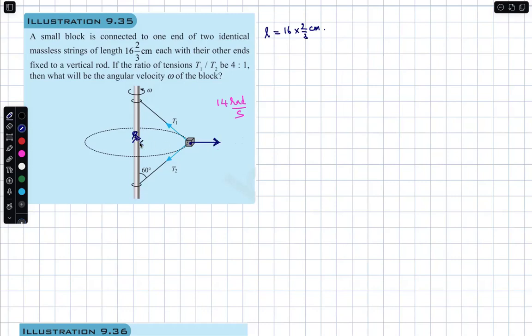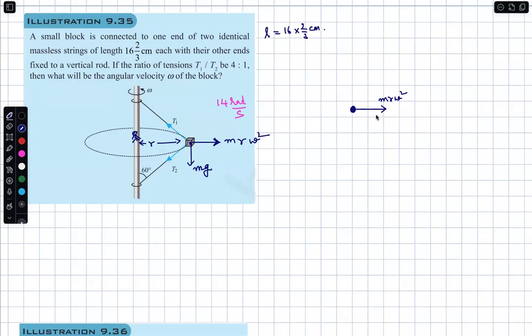Suppose this is some radius r, this is m r omega square, and this is some mass m. Now draw the free body diagram properly. One is m r omega square.